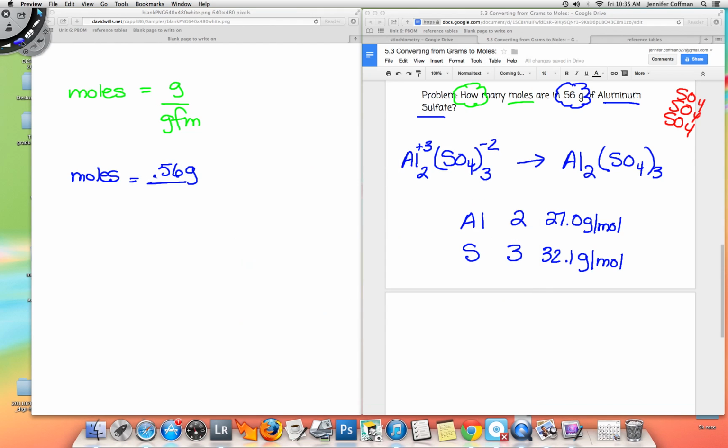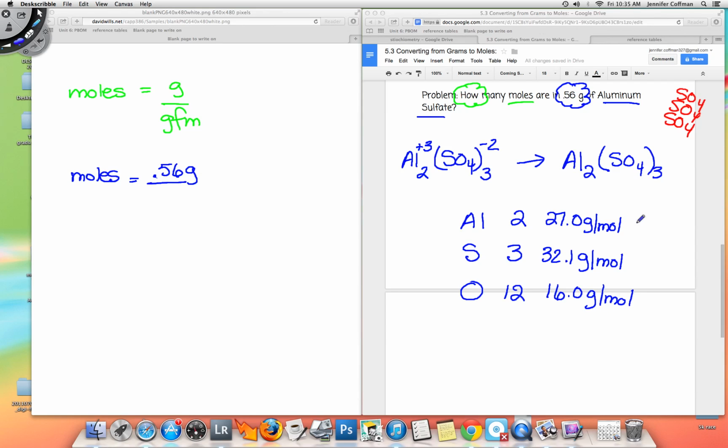Okay, and then finally we have oxygen. How many oxygens do we have here? Well, we've got 4, 4, 4. 4, 8, 12 oxygens. They have a mass of 16.0 grams per mole.